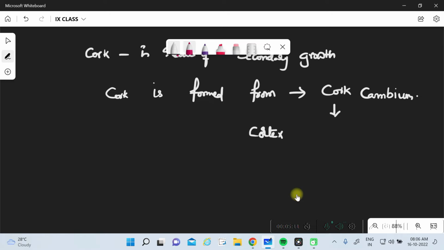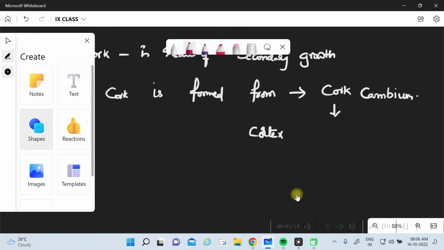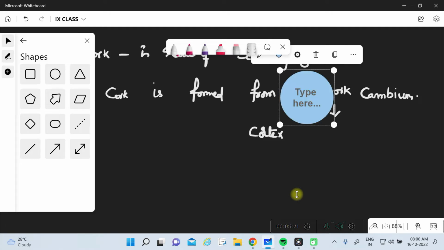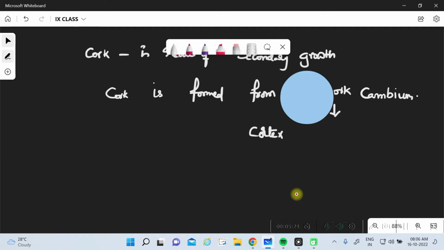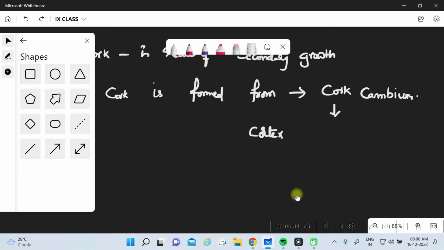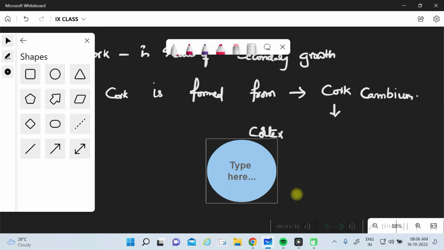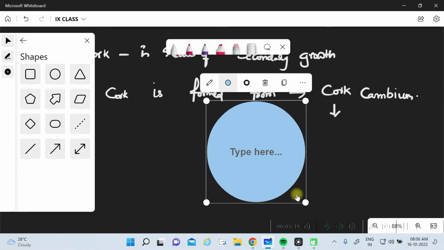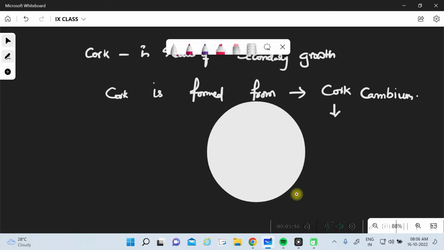Now let me make this clear. I am just drawing. Okay. Now here, this is the transverse section of a stem, you imagine.